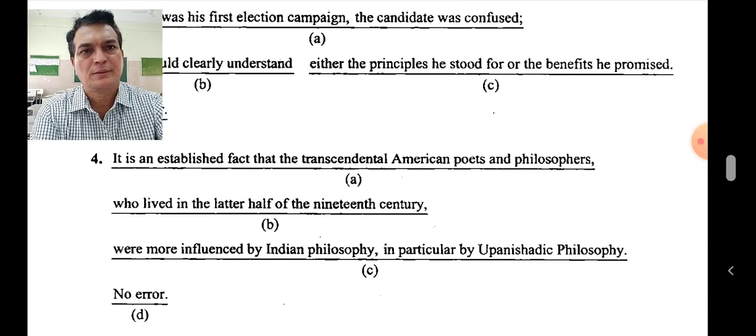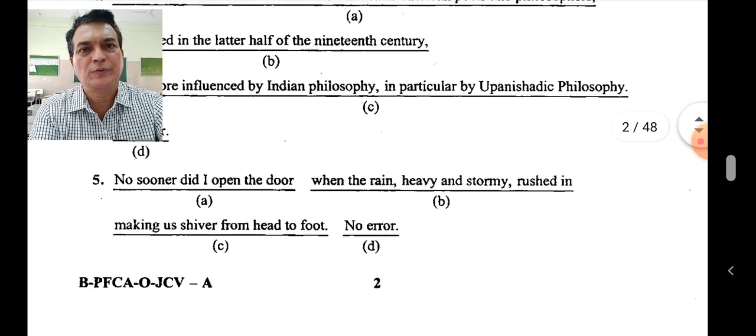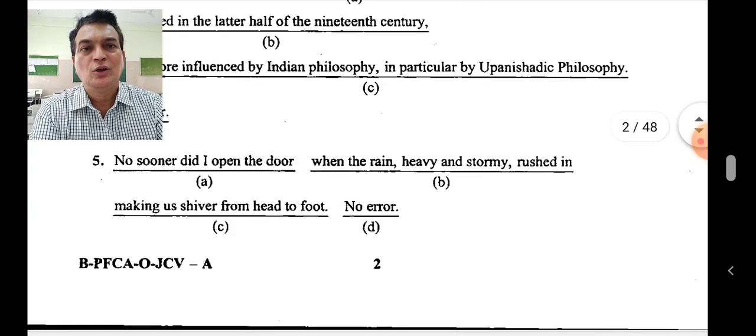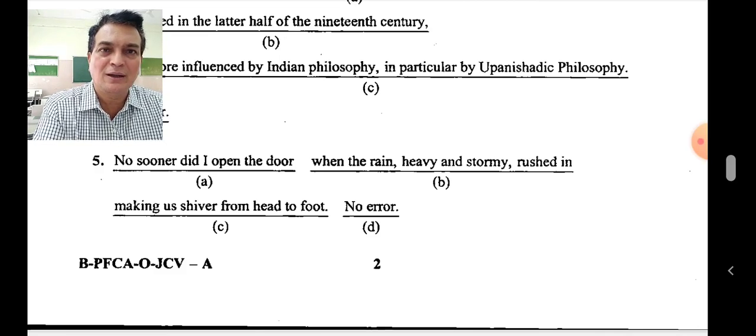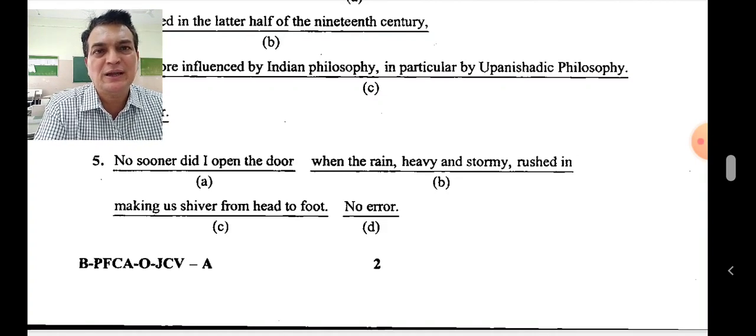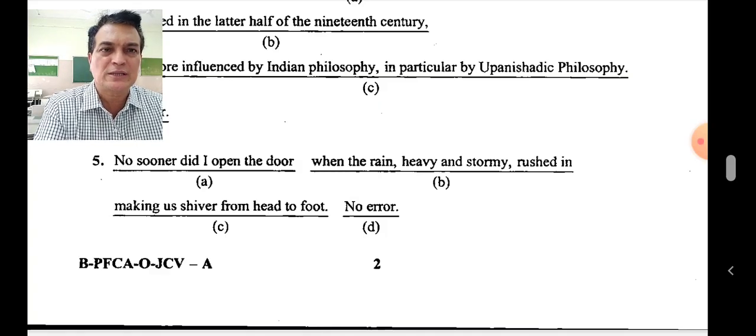So we'll go to the fifth one. Now here, no sooner did I open the door, no sooner did. It's correct, because whenever you are using hardly, whenever you are using no sooner, after that what should come? There will be inversion. If inversion is there, did I open? That's right. No sooner did I open the door. So A is right.